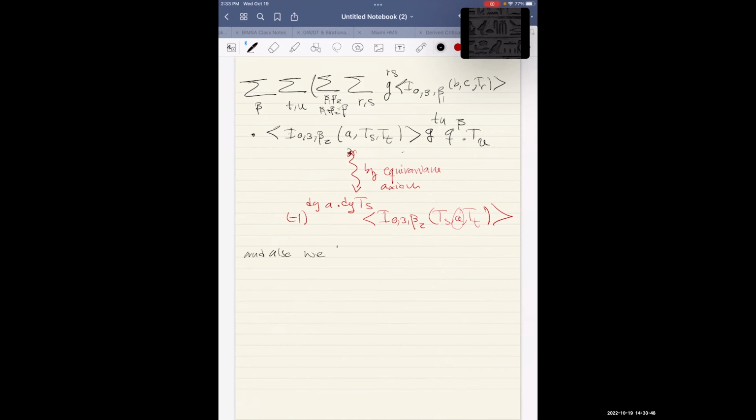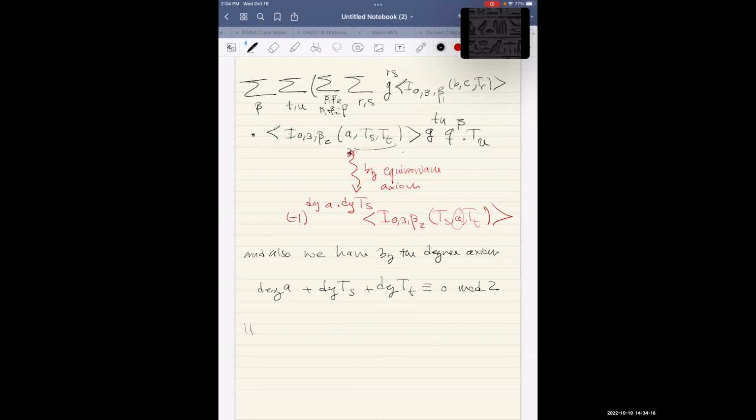And also we have, by the degree axiom, that degree of A plus degree of T_S plus degree of T_T is going to be equal to 0 modulo 2. It's going to be even degree. I'm looking at here.